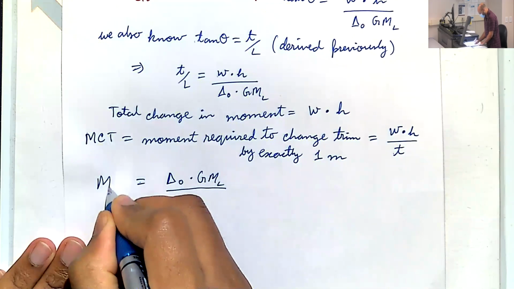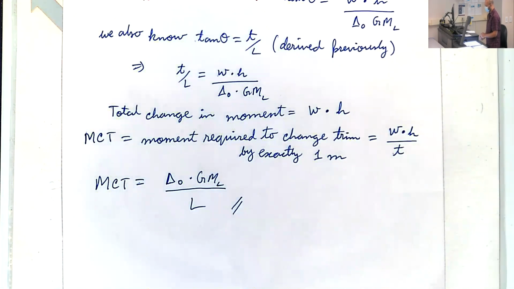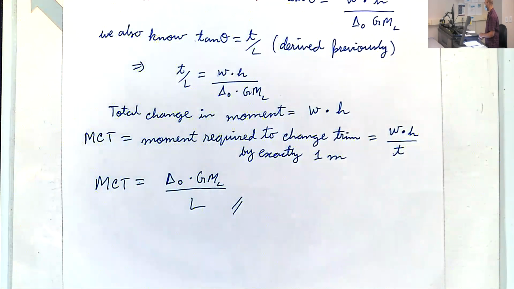So that's MCT, a very easy way of computing the moment required to change your trim by 1 meter. Remember, for small boats, 1 meter is a huge trim value, but for, let's say, an aircraft carrier, it would not be that unusual.